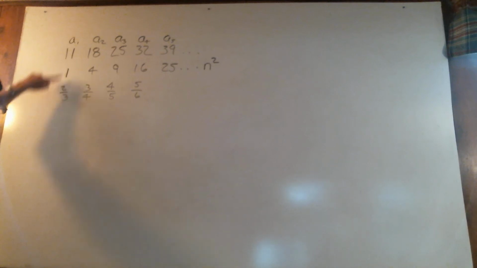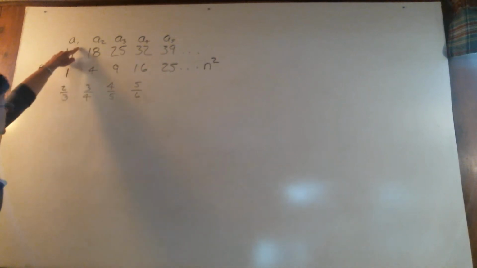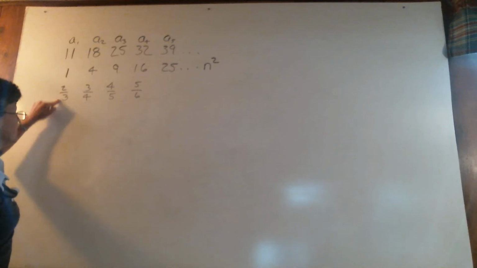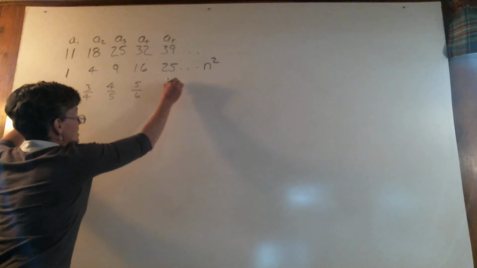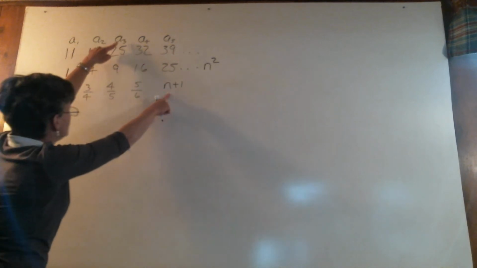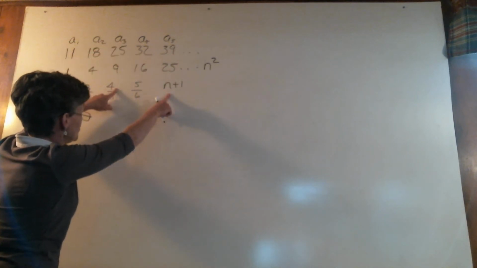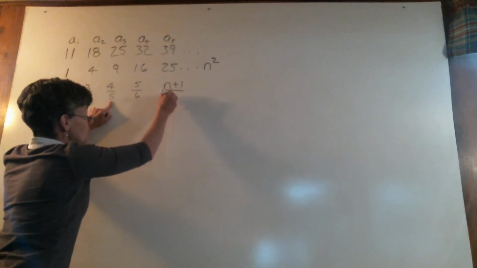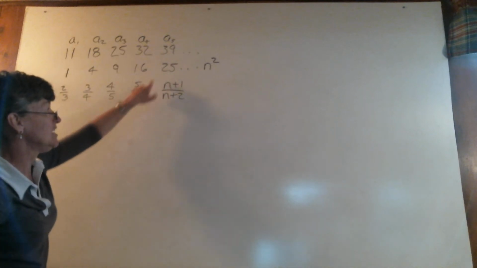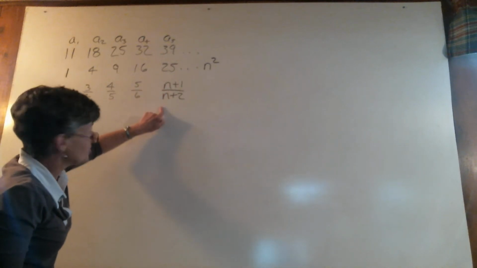Well, I'm taking 1 and I'm adding 1 to get 2. Taking 1 and I'm adding 2 to get 3. And I'm doing that all across, so we can say this pattern is n plus 1, for example, 3 plus 1 is 4, and 3 plus 2 is 5. So n plus 1 over n plus 2. So that might be a way to write the nth term for this pattern.